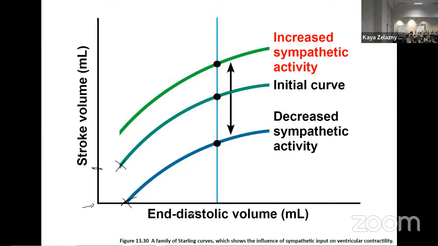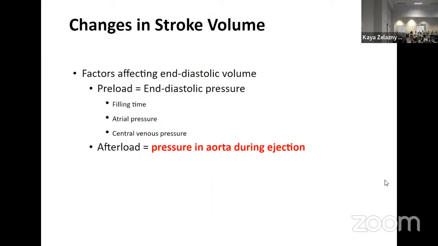Now that's probably not actually going to happen in real life, but that's the relationship here. So we shift the whole curve up and down with the sympathetic activity. So that's what's up with our end diastolic volume.